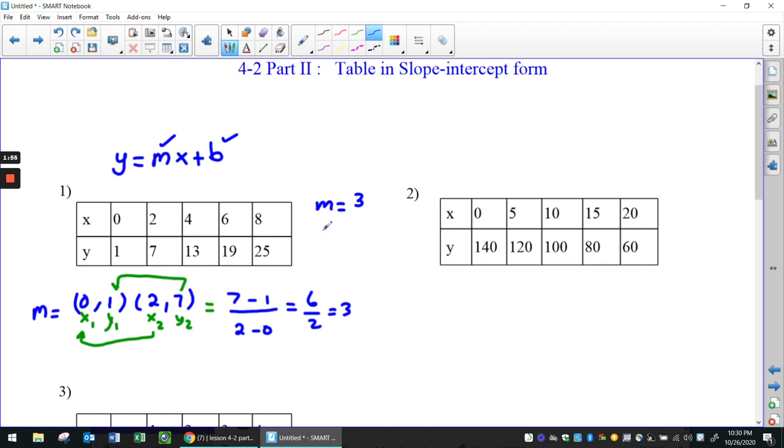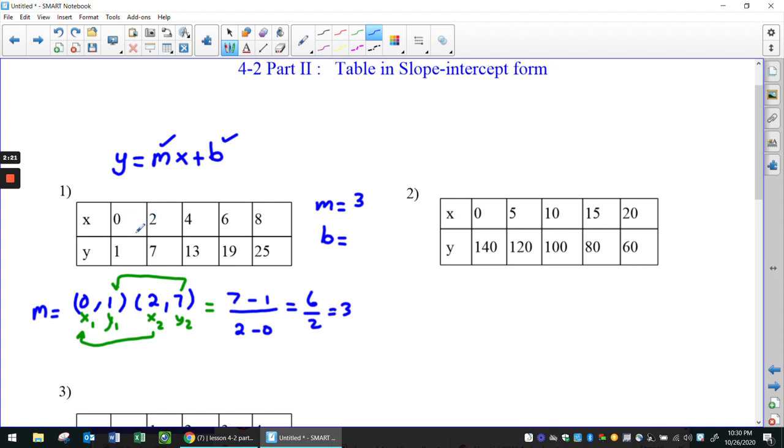The next thing I'd like you to recognize is how to solve for b in the table. In this case, we know that b is our y-intercept, where the line crosses the y-axis. And we learned from the previous lesson when we graphed that where x is 0, that y is your y-intercept. And we can see that here. We have it as 0 in this table.